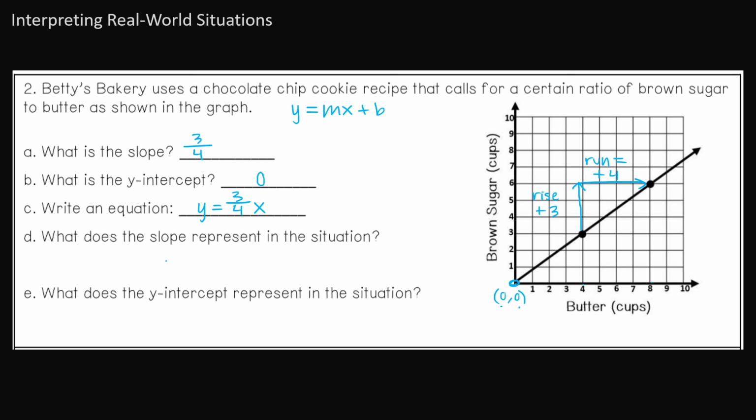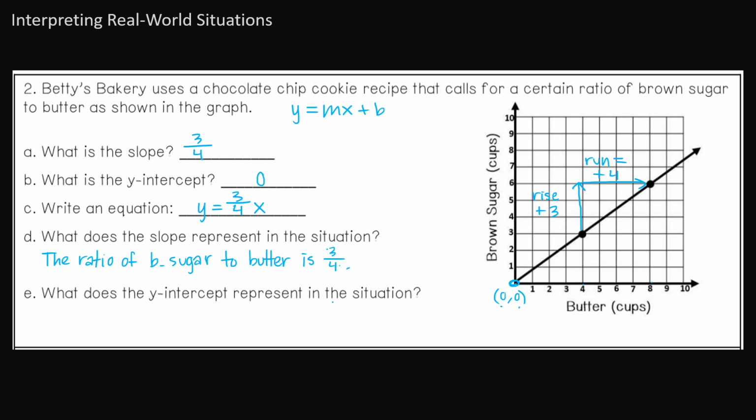So the slope in this situation represents the ratio of brown sugar to butter, which is 3/4. 3 cups brown sugar to 4 cups butter is what that's saying.